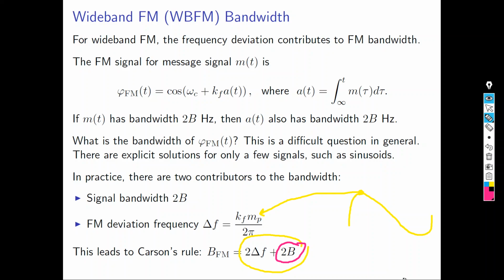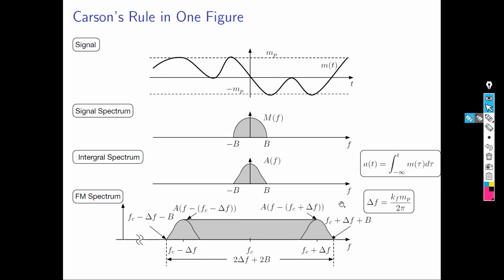So wideband has larger bandwidth, and this bandwidth depends on the amplitude of the signal, M peak. As it gets larger, the deviation gets larger, and therefore the total bandwidth gets larger. This is a very critical point to always remember.